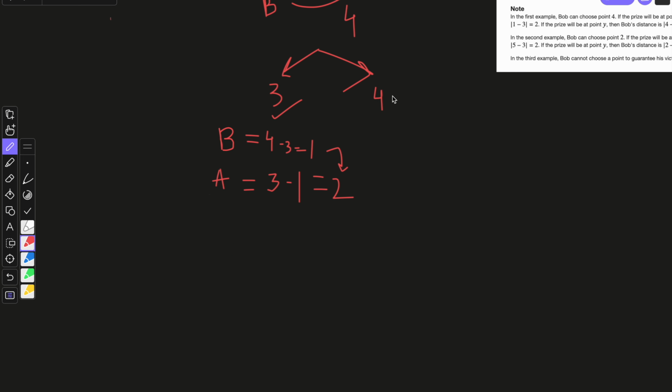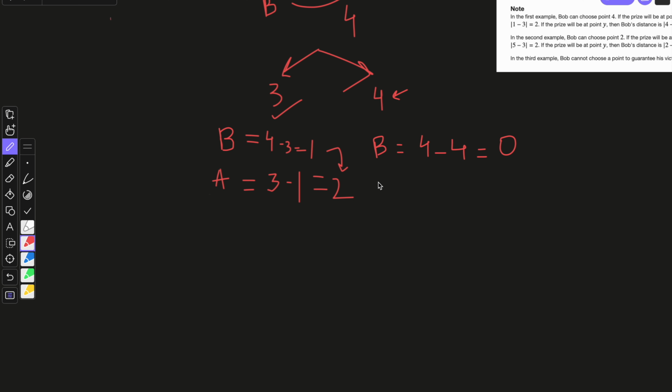So when the prize falls at position 4, then when we calculate the distances, Bob's distance would be 4 minus 4, and that would be 0 because he is standing at 4 and the prize also falls at 4.